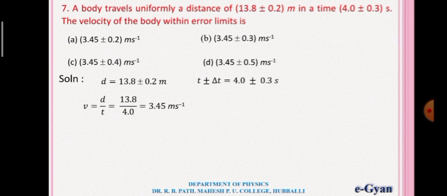Okay, this is the velocity, and we have to write the result including errors.